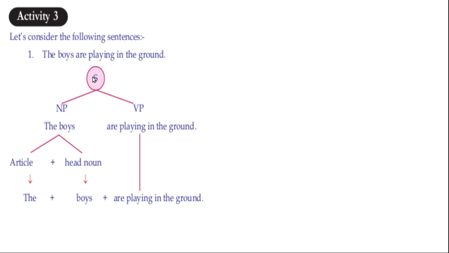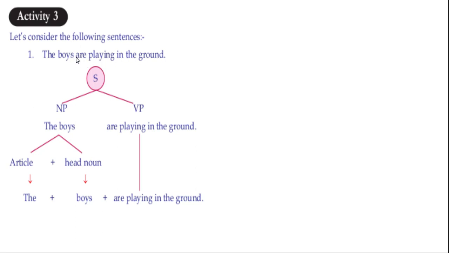This is a sentence, and we have learned what is a subject and a predicate, right? So, what is the subject of this sentence? Who is doing or who does this work? That is the boys. So, this is the sentence, and the subject or the first noun phrase is the boys. What's the verb phrase? That is the predicate, are playing in the ground.